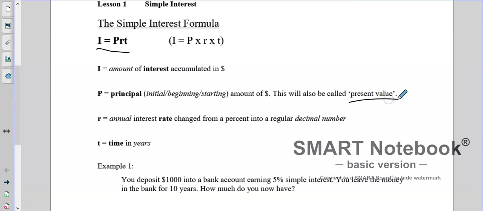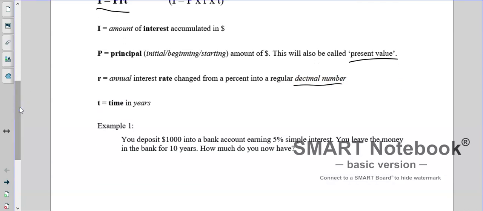It'll also be called present value as opposed to future value. R is the annual interest rate, as a decimal, very important. If we have a credit card that's 22%, you've got to think about where the decimal is, because we don't see it.